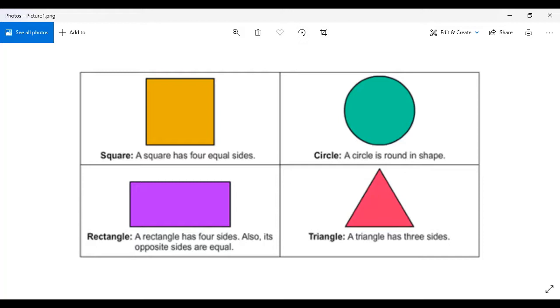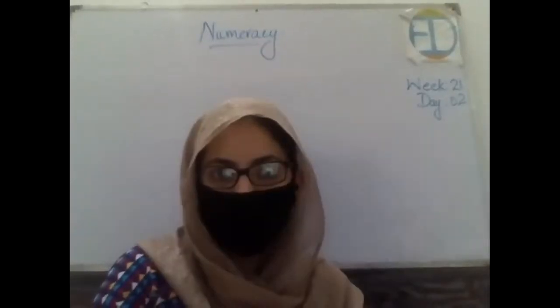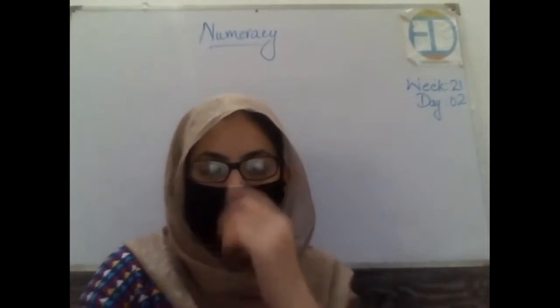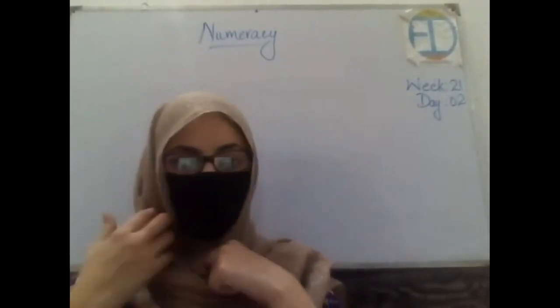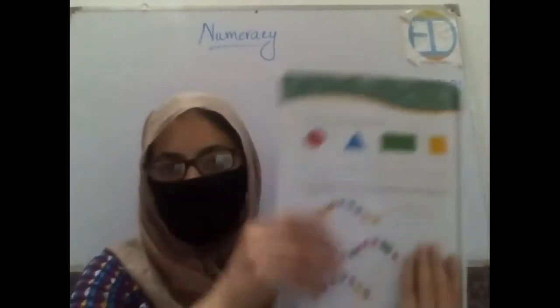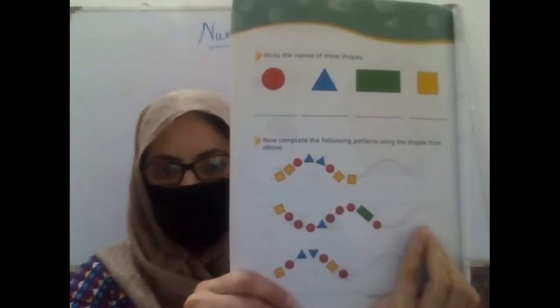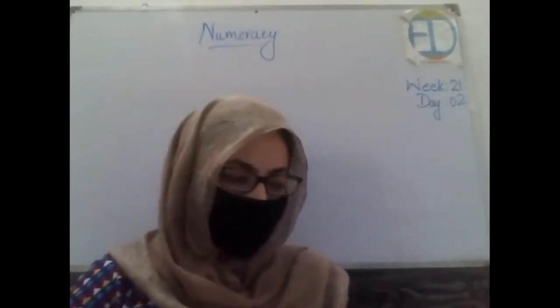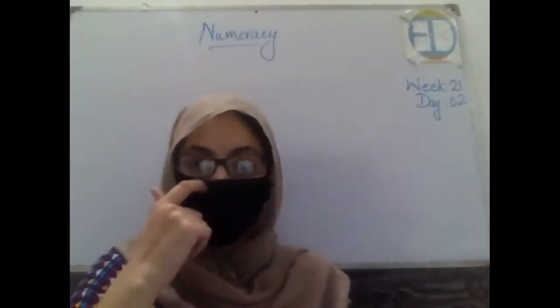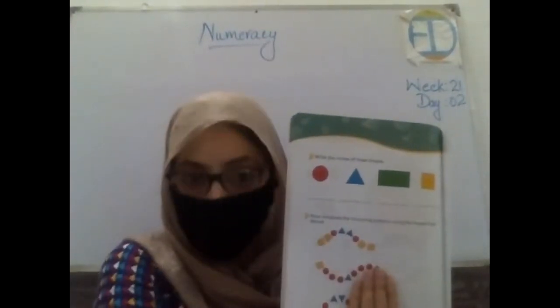Now we will be doing the exercise related to this in your book. I want all of you to please open your book, page number 106. This is page number 106. Please open this. The first question says, write the names of these shapes. The shapes are given and you are supposed to tell their names, okay?